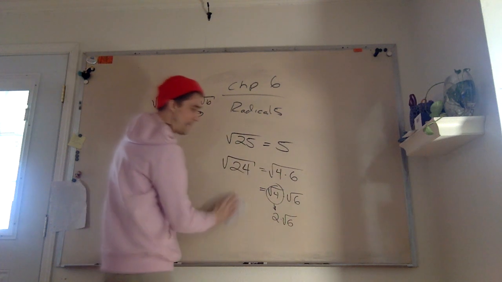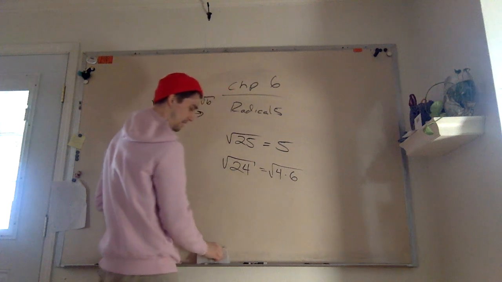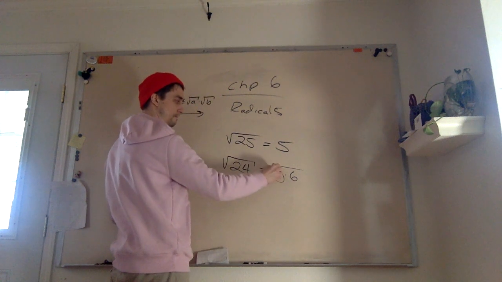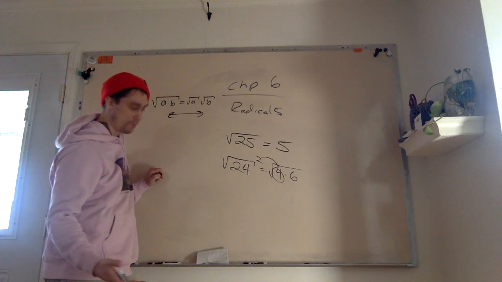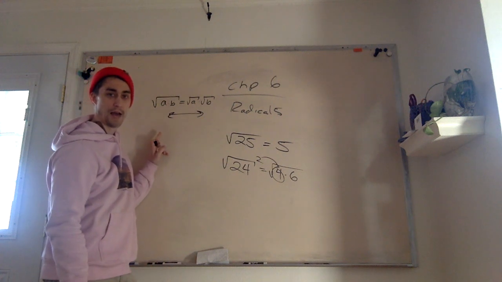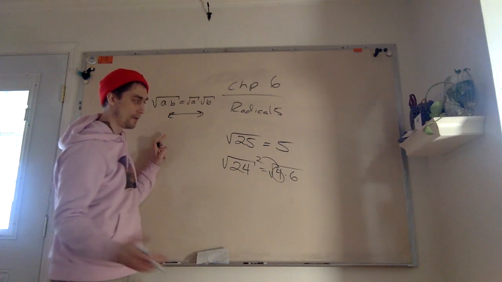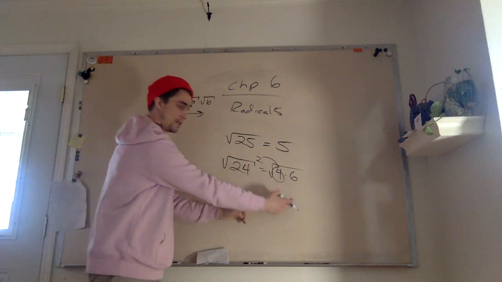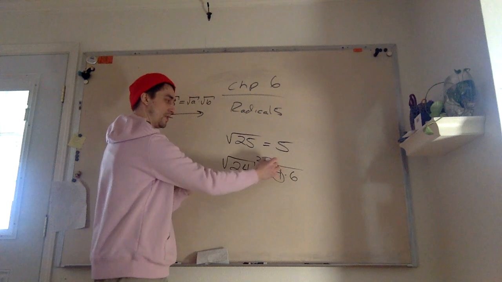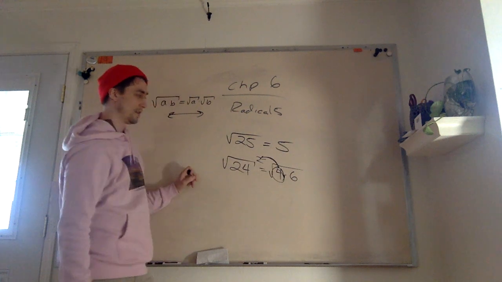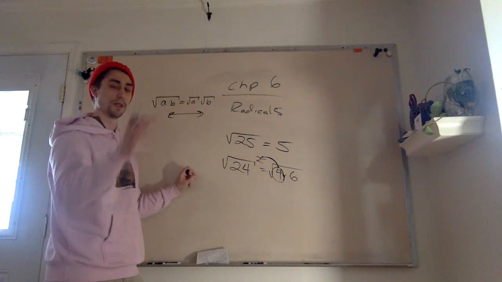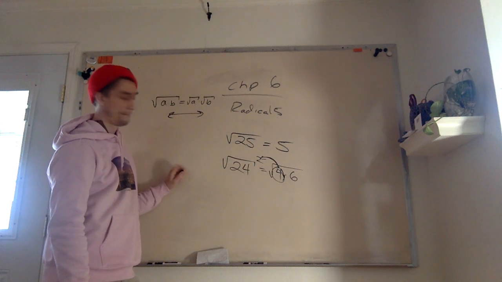So I might write that sometimes like this. You should be aware of what's happening and exactly how to justify that, right? And that's using this: break this into 2, the square root of 4 is the number 2. But once you've done this a bunch, you'll see that it's just like, you take the 4, and the 4 underneath the square root is a 2 on the outside of the square root.